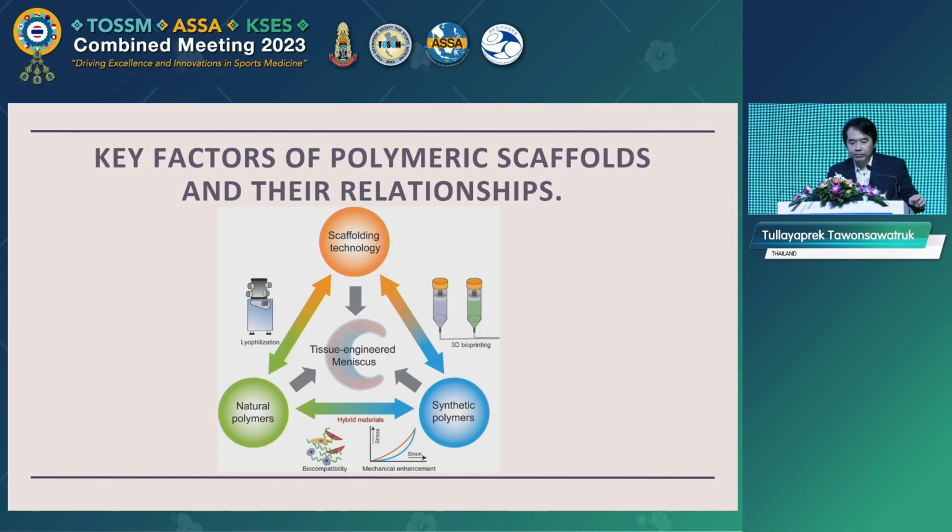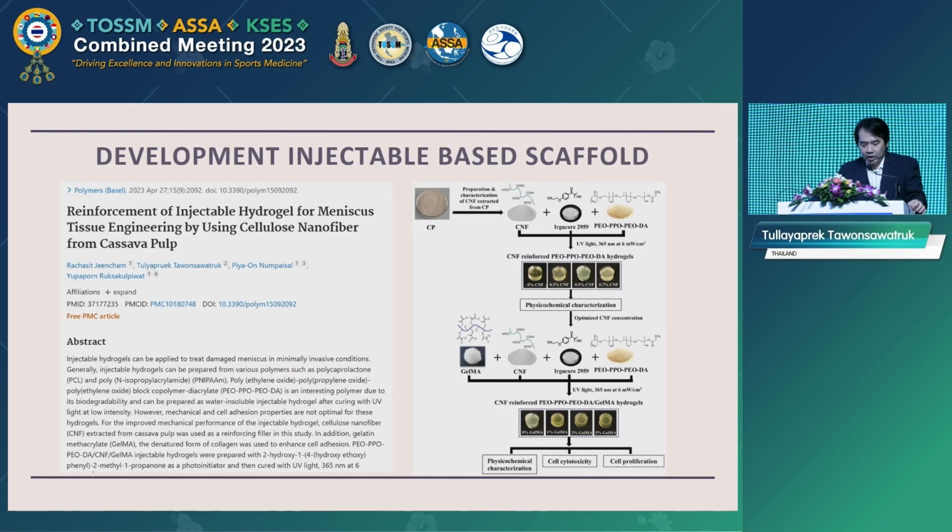The key factors for polymeric scaffolds: you have to think about natural polymers like collagen, synthetic polymers, and combining them with 3D printing, with Ajahn Jilan. We'll talk about that in the next lecture, along with lyophilization to prepare these materials for meniscus tissue engineering. We have some work in collaboration with Ajahn Pia developing an injectable scaffold for the meniscus.